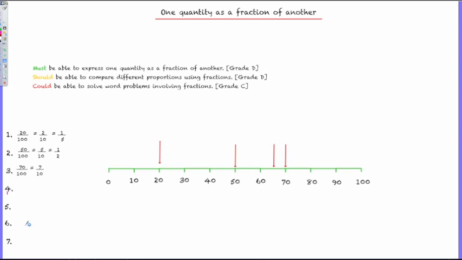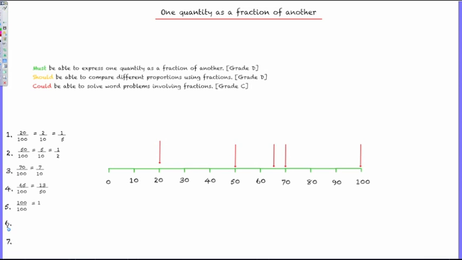And the next one, 65 over 100, which cancels down to 13 over 50. So they're both in the 5 times tables. Next one is 100 over 100, which is just 1. 100 divided by 100 is 1.